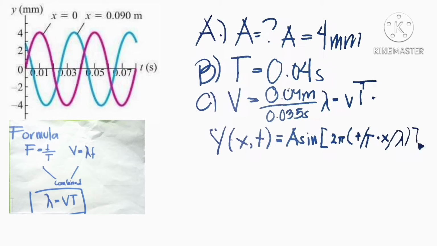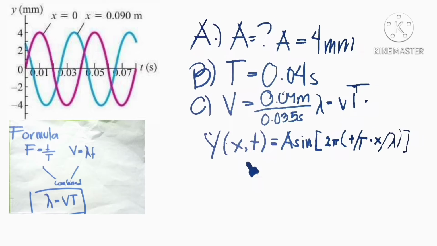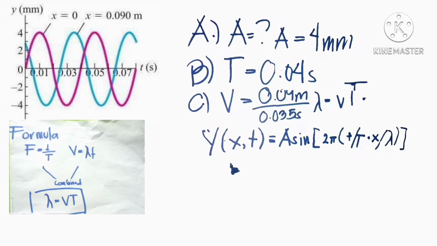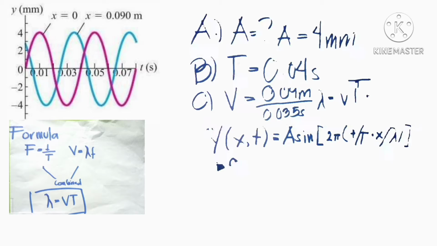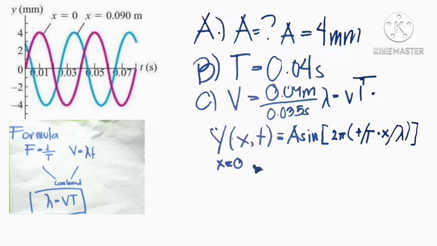The peak at time equal to 0.01 seconds is the first maximum for x equal to 0.